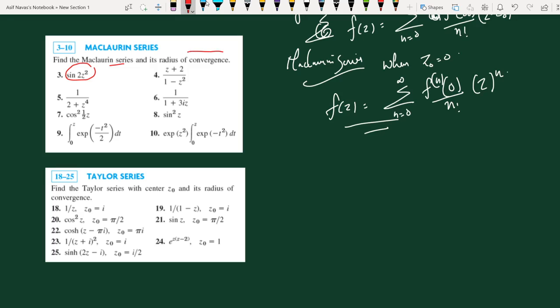Radius of convergence is not in your syllabus. Such questions do not come, but we need to find Maclaurin series. I will show how to find out radius of convergence also.